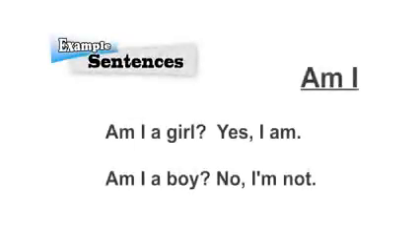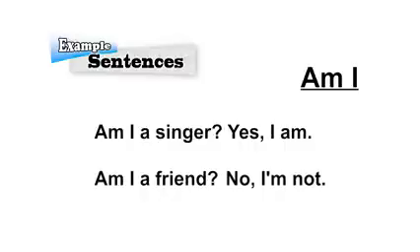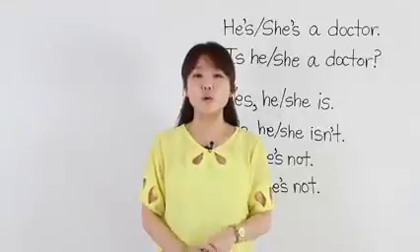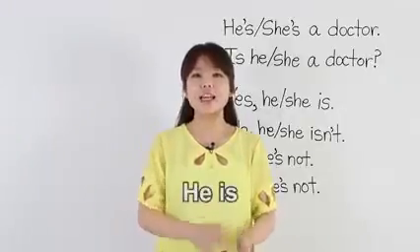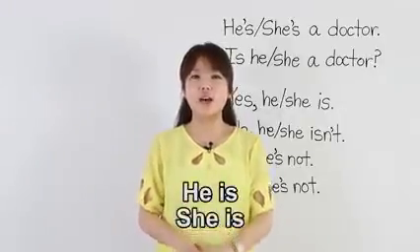Let's look at the first one. Am I a girl? Yes, I am. Am I a boy? No, I'm not. Am I a singer? Yes, I am. Am I a friend? No, I'm not.